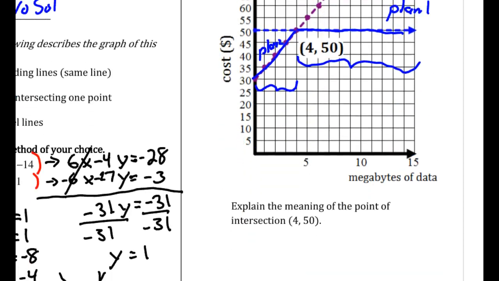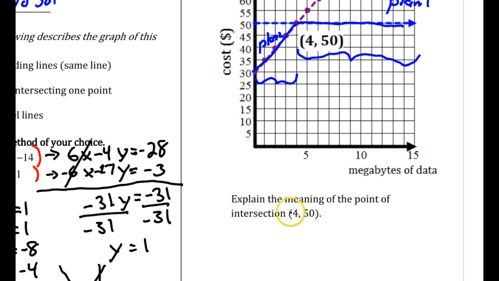Okay, so always include the units, by the way, when we're explaining this. So 4, that's the X, so that means 4 megabytes of data. And 50, that's the Y, so we're talking about, if I get this right, $50. Okay?